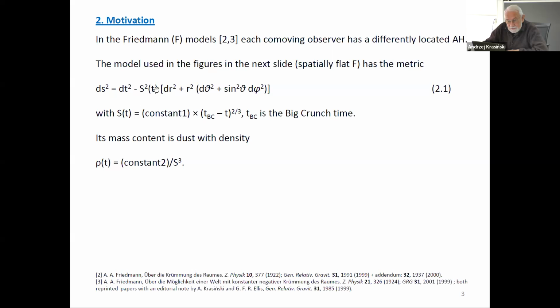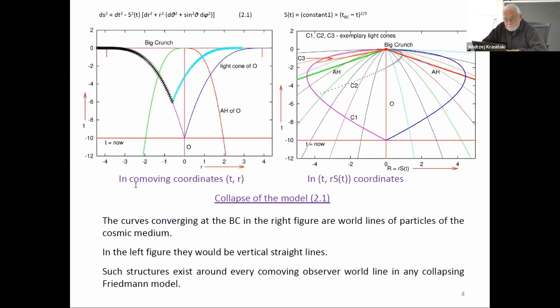The scale factor S is proportional to the TBC, this is the moment of final singularity, minus the time coordinate, to the power 2/3. And its mass content is dust with such density.